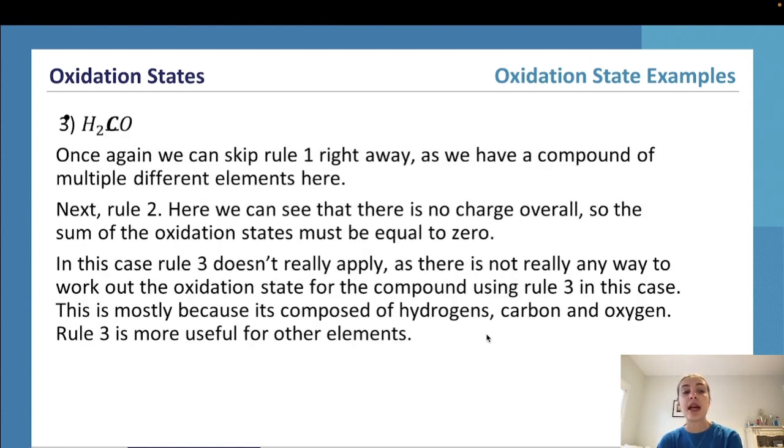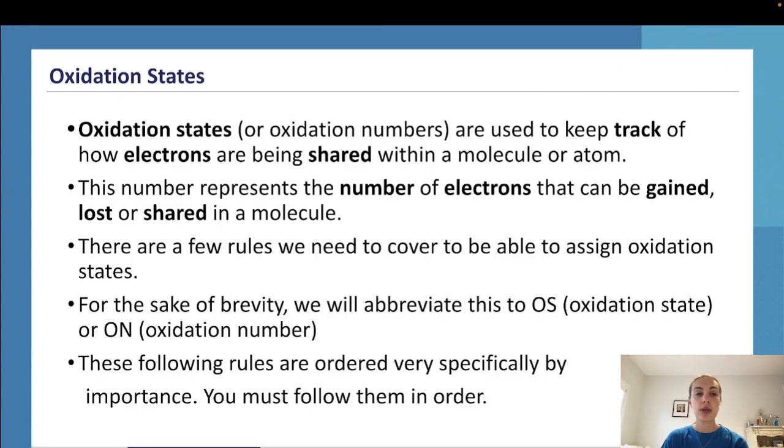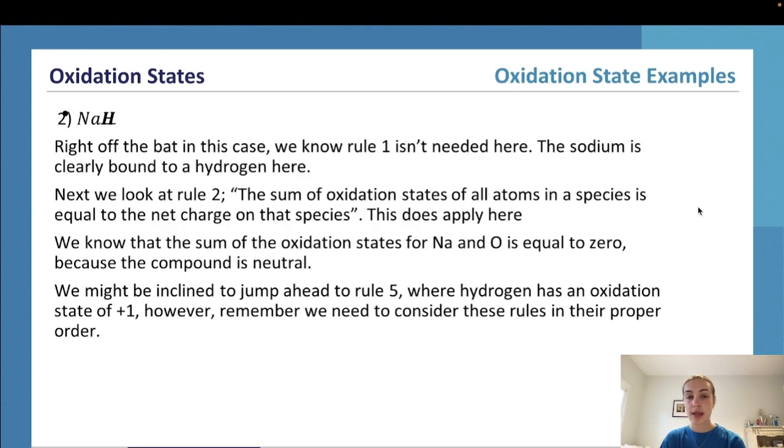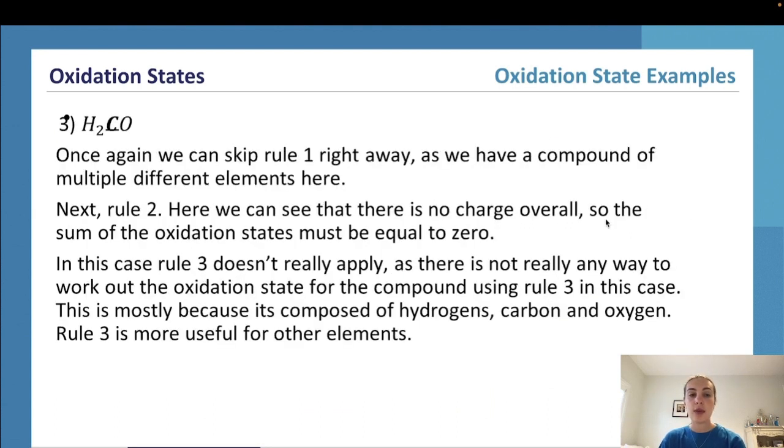And so in this case, we need to go on to our next rule, which is applicable, and that would be our hydrogen rule. So our hydrogen rule is telling us that, we go back to our rules, we can see that hydrogen is going to be +1 in a compound, and oxygen is going to be -2 in a compound.